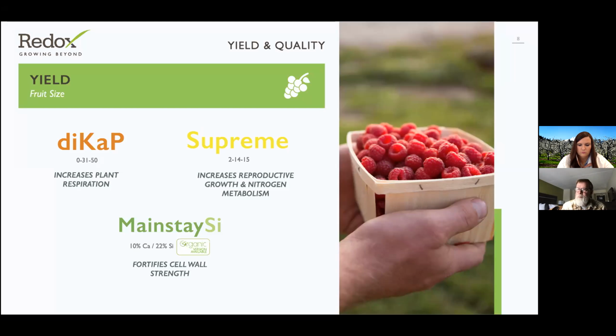I've had a couple of people that have gone beyond the 2 pounds of Supreme, and we've got one grower in blueberries that went out with 6 pounds of Supreme. He did 4 pounds during the season. Tremendous results. We got great crop set. We didn't lose any fruit during the June drop.